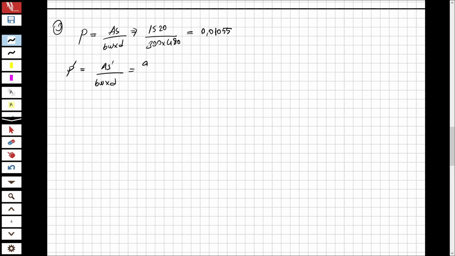AS prime is 942 over bw, 300 multiplied by 480, and this is also equal to 0.006541. Rho balance, ASB over bw multiplied by d. What is ASB?